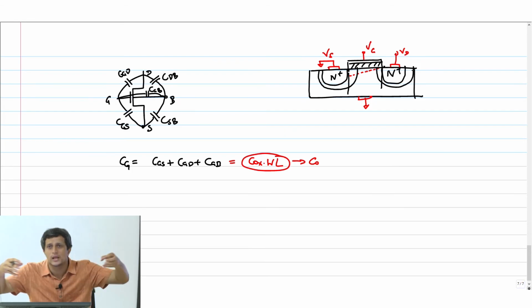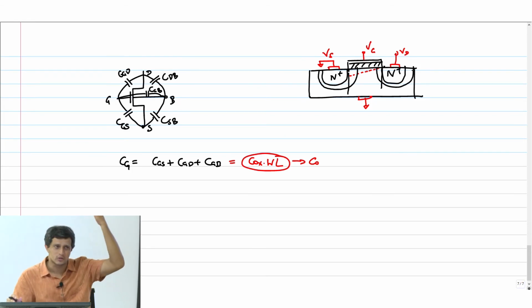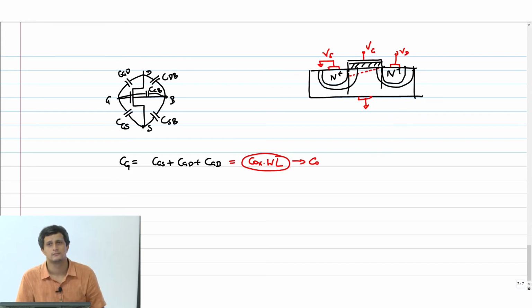The atoms will actually move because I am heating them. I am taking this to like 800 degrees centigrade. You have to anneal it to even out the manufacturing defects. In that process, the N plus will now diffuse under the channel as well. So there will be a small overlap capacitance that comes here.